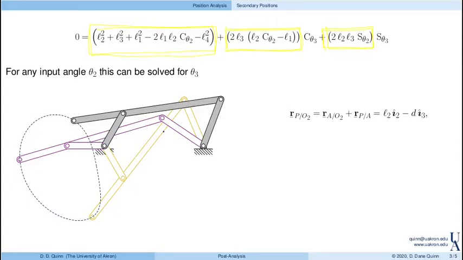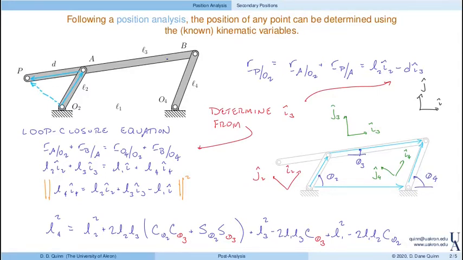What I'm really interested in this problem, though, is the position of P. Right? So P is over here at the end of the bar. And I'll remind you of some of the dimensions. This bar that we called length 3 is pinned somewhere in the middle. Its total length is actually d plus L3. L3 was the distance between A and B, sort of to be familiar with the analysis that we had started off with 4-bar linkages.